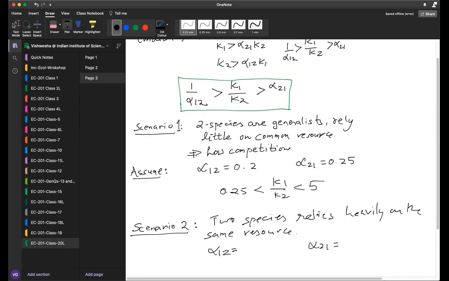Five. Why 5? Just think about what it means to say it's 5. It means that to get the same resource, I have to fight more with species 2 than with my own species. Does that make sense?